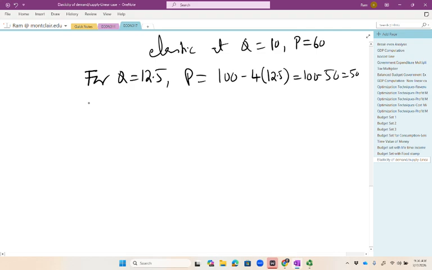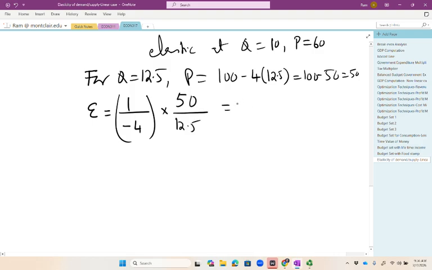With that, I can again compute my elasticity. 1 over the slope of the inverse demand, no change, always negative 4, times P 50, Q 12.5, and now you can see this is minus 50 over 4 times 12.5, which is 50, so negative 1.